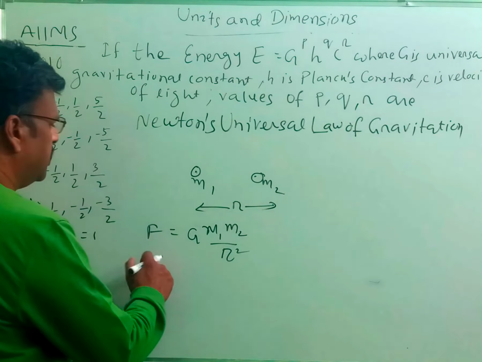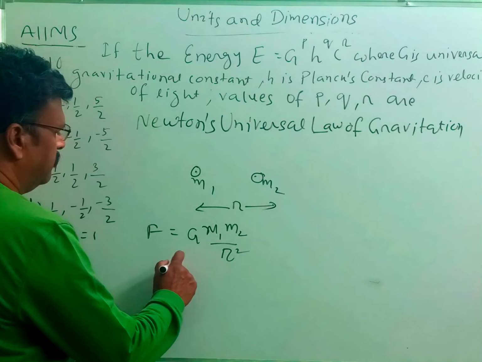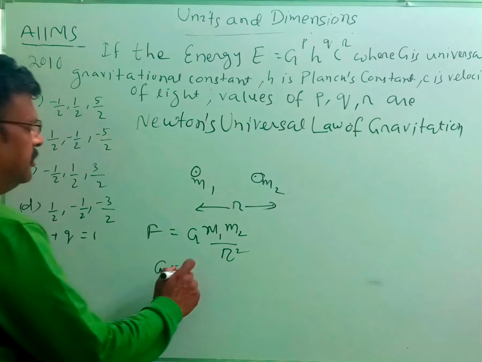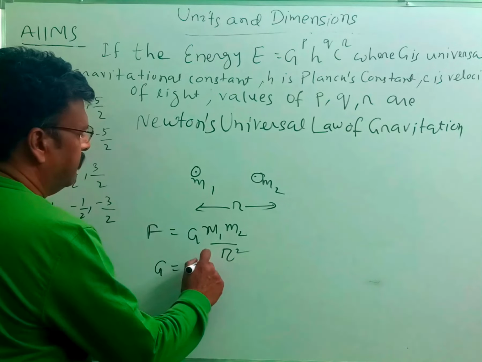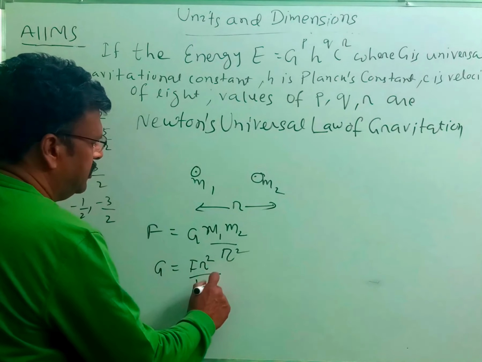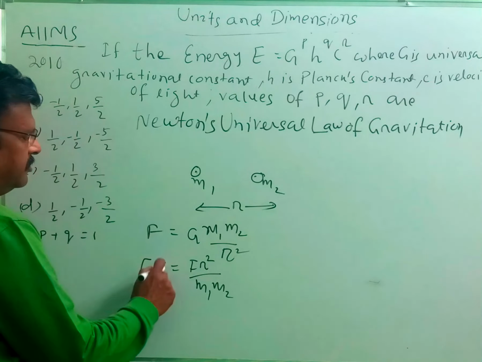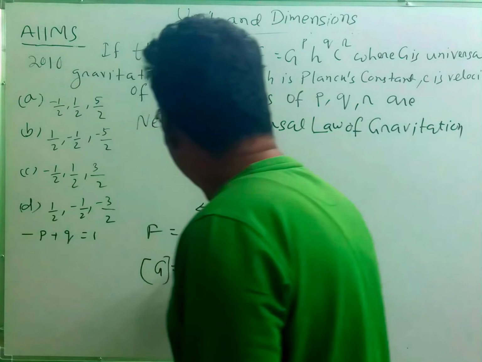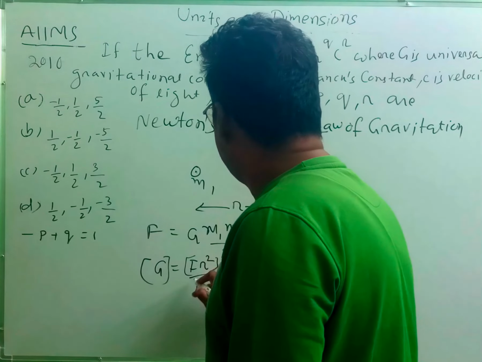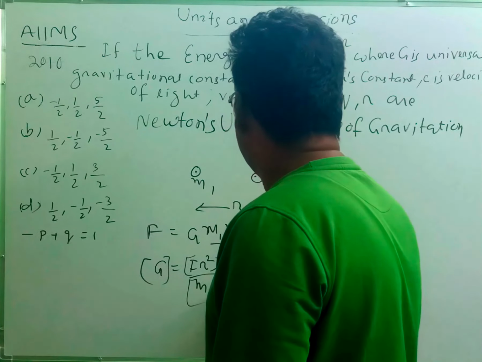Okay, student, from this equation we get a formula for G. G becomes F r square by m1 m2. So the dimensional formula for G will be equal to the dimensions of F r square divided by the dimensions of m1 m2.